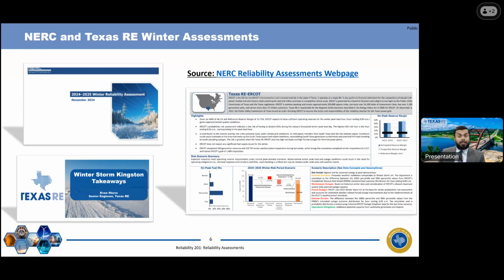Note that the winter months in the report stretch from November through February, and therefore we call it the 2024 to 2025 Winter Reliability Assessment. Also at the bottom left, there's a look at our presentation on a winter storm event to our stakeholders. This presentation captured our analysis on the performance of our electric system during Winter Storm Kingston and the takeaways from it.